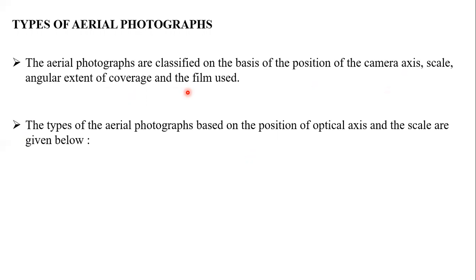Camera people who have a habit of photography know all these terms. Photography is a very noble, very interesting profession. So based on the optical axis and scale, we have the following aerial photographs.